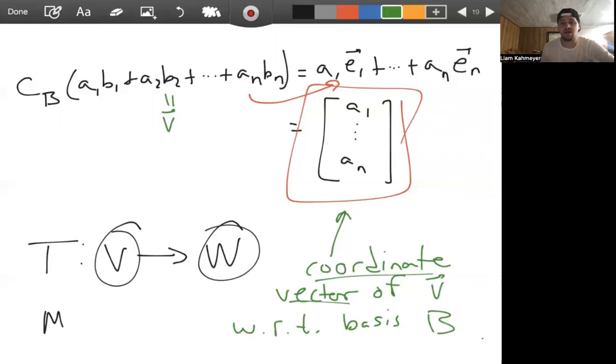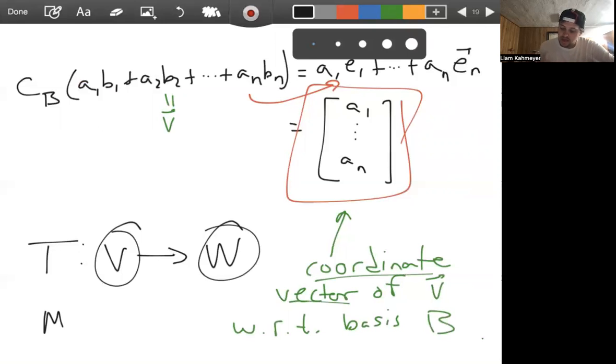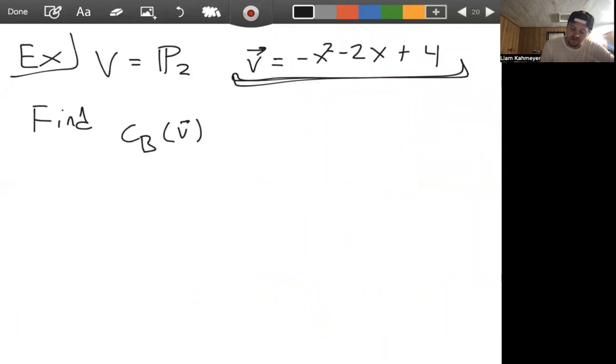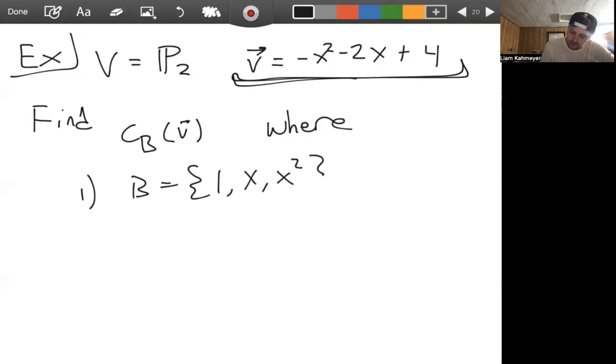That's a definition I skipped over. We've talked about this in the context of Rn to Rn, but I need to redefine everything in a more general setting. So we want to calculate the coordinate vector for this element of P2 in 3 different bases. Find CBv, where first B is 1, x, x squared.